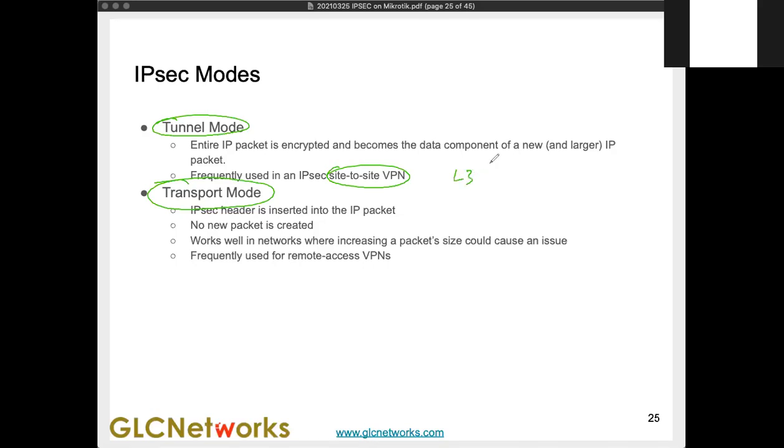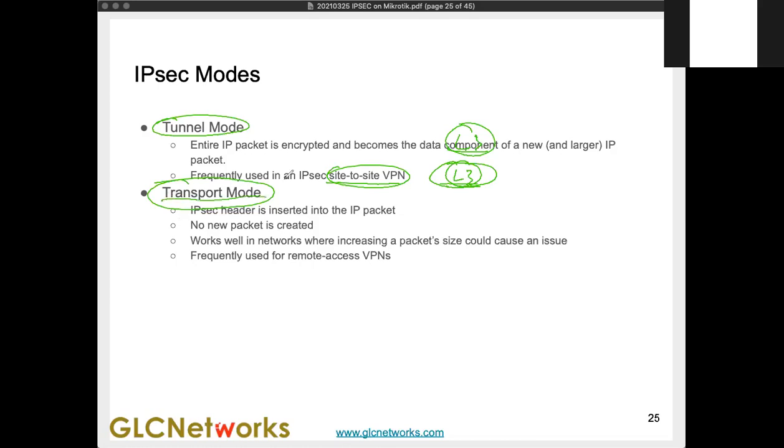We have layer 3 here, and then another layer 3, so it looks like VPNs like PPTP. You have a first IP address, and on top of that there will be another layer 3. That's tunnel mode, used especially for site-to-site VPN.